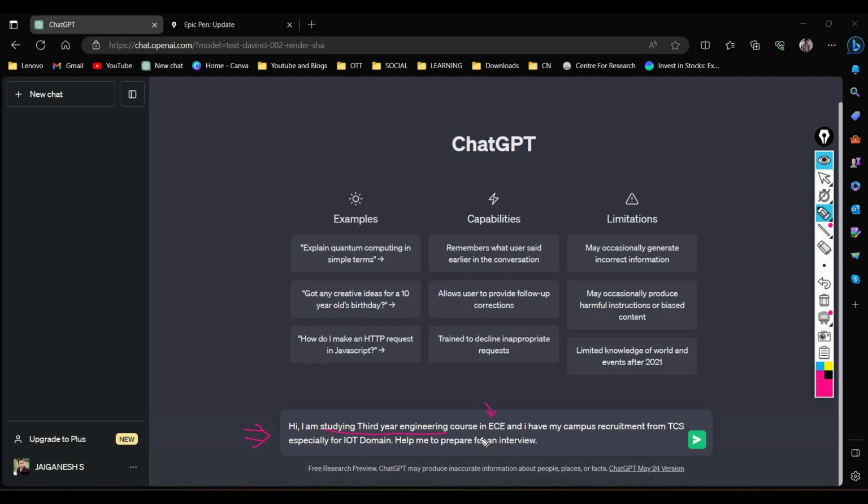I am from an electronics and communication engineering background, and I am trying to prepare for an interview which I have already specified is from TCS, and not only that, they are going to recruit me in the IoT domain. So these are all the various inputs which I have given to ChatGPT, and let's see what happens if I hit enter.